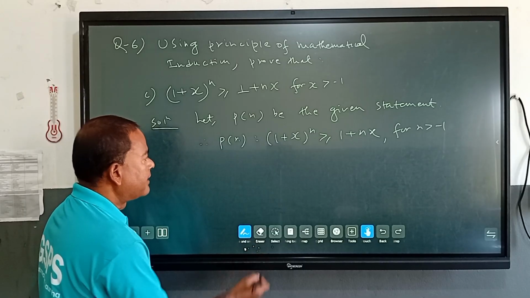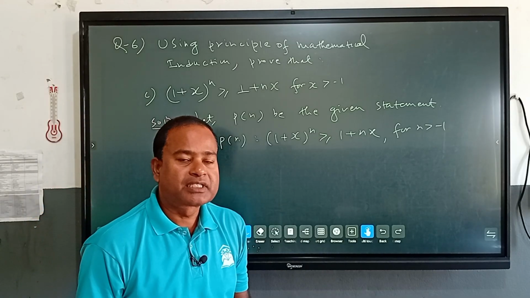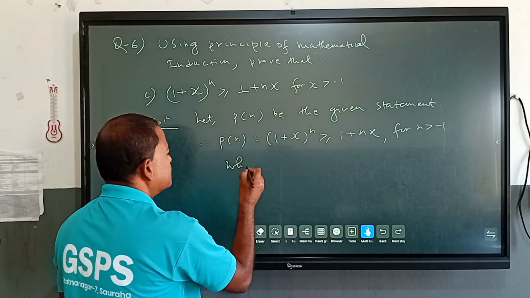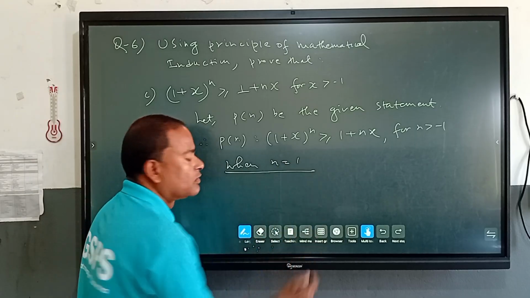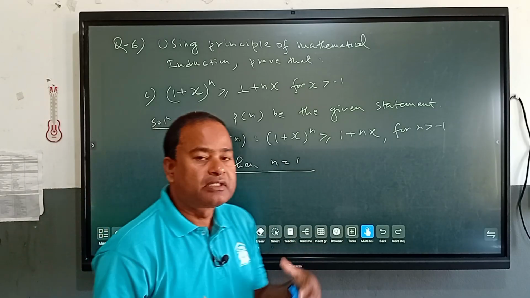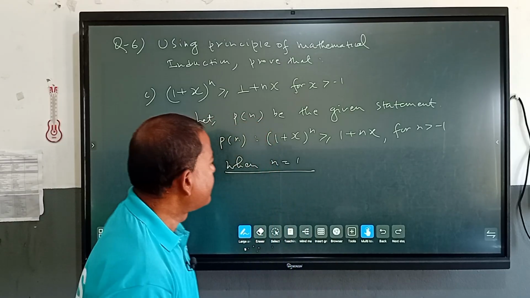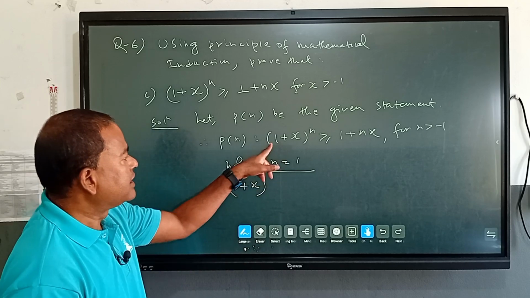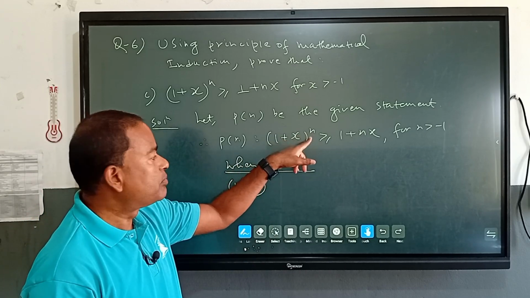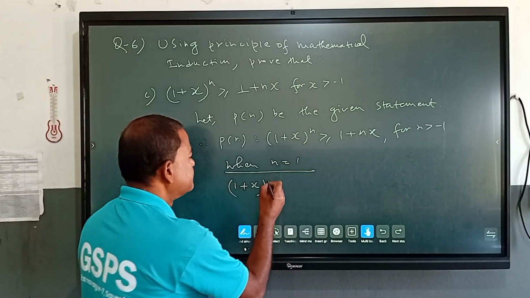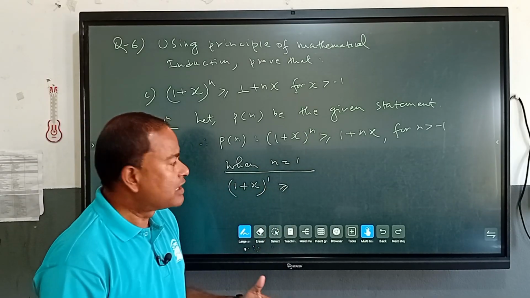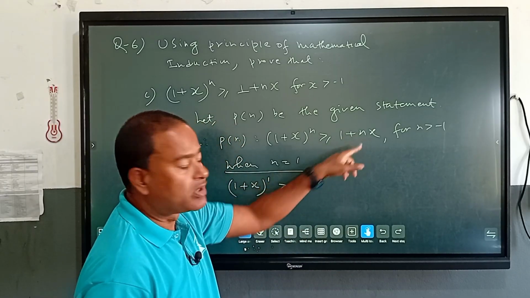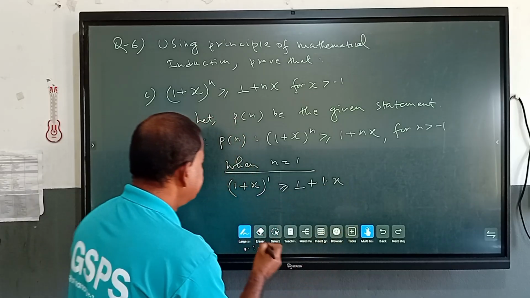So dear students, according to the principle of mathematical induction, at first we put the value n equals 1. When n equals 1, let us see whether the given statement is true or not. In the left hand expression we have (1 plus x) whole power n, so we put the value of n as 1. Greater than or equal to 1 plus n times x, that means 1 times x.